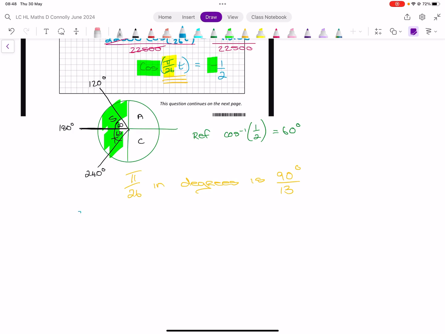So we let 90 over 13t equal 120, and we let 90 over 13t equal 240. We're just going to divide by 90 over 13 on both sides. We could split the fraction, but when we have our calculators, it really doesn't matter.